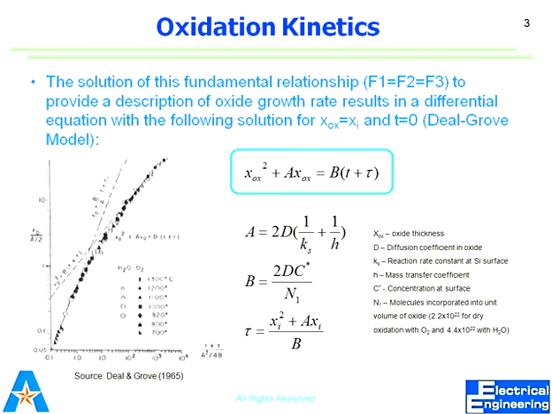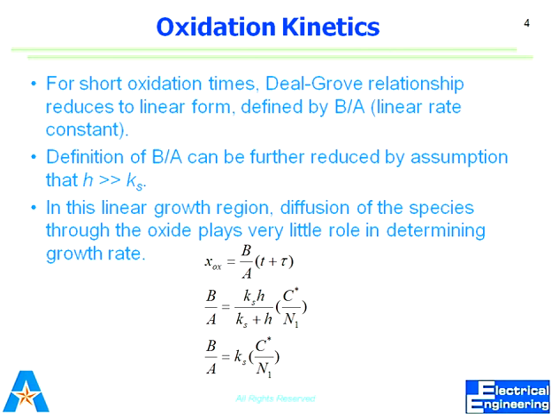Now you can understand the next two slides. For short oxidation times, the Deal-Grove relationship reduces to the linear form, defined by B over A. This is the linear rate constant. So what you are always interested in is B and B over A. B over A is the linear rate constant and B is the parabolic rate constant.